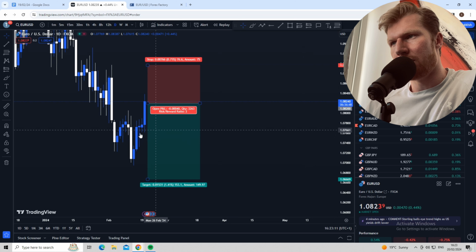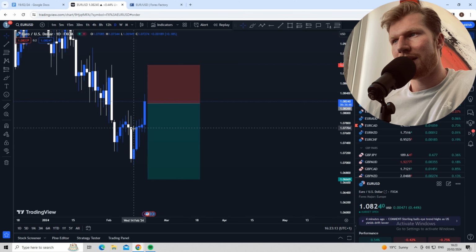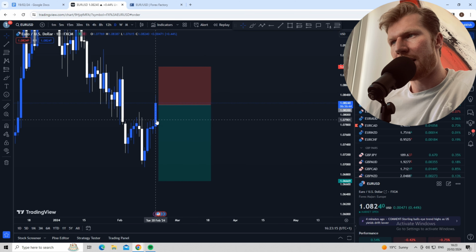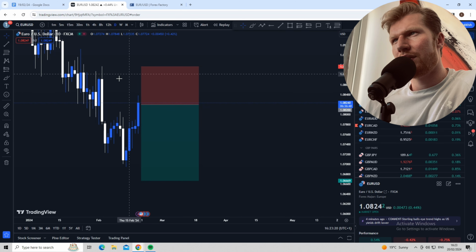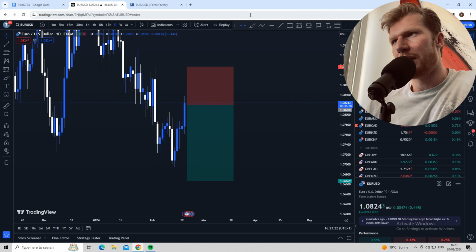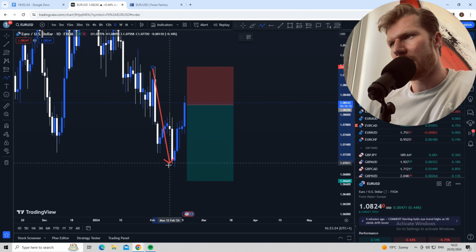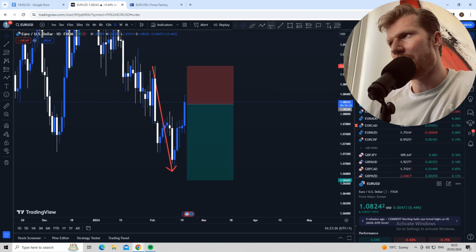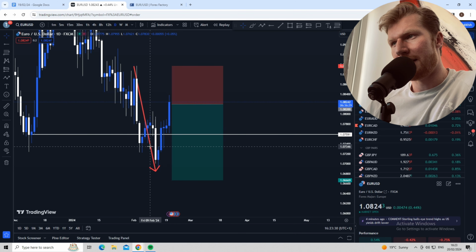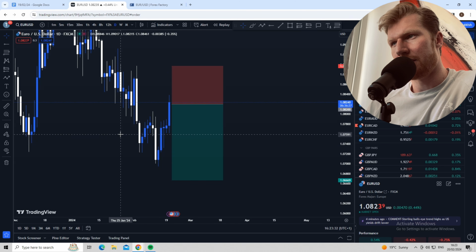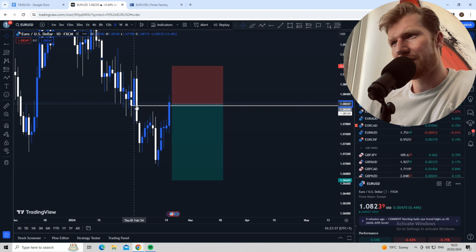Now I was actually looking for sells in here, didn't get them, and now I'm looking for sells right here. And you can see I put at this position. So basically what I saw, we had this break of structure, very nice break of structure. We took out this low to the left, but we're kind of retracing back in. Now, I think there's a pretty decent chance we're going to see a reaction from here.